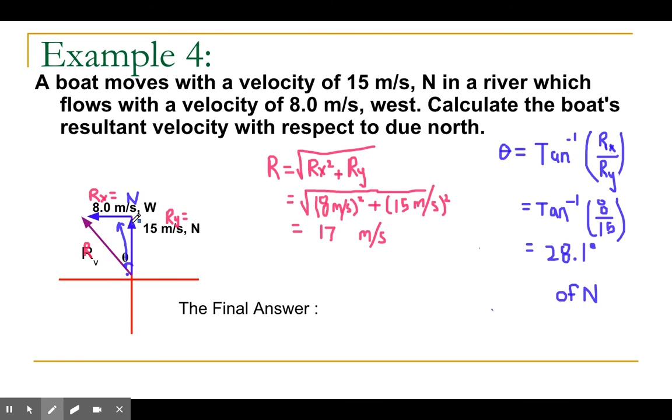So from due north, we go west. So the direction is 28.1 degrees west of north. Our final answer is 17 meters per second, 28.1 degrees west of north.